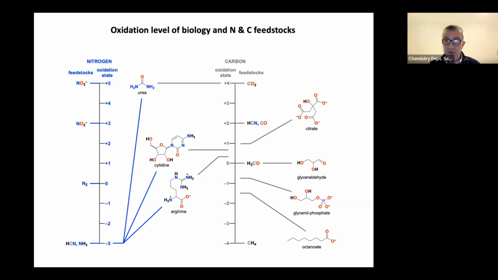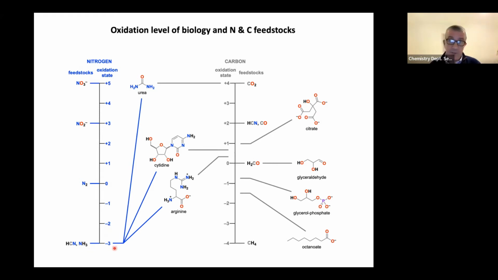If you consider carbon in biological molecules, it tends to average an oxidation level round about that of formaldehyde. It's a crude approximation. It's not desperately important for what follows, but it's roughly the oxidation level of formaldehyde. Whereas nitrogen tends to be at the oxidation level of ammonia.